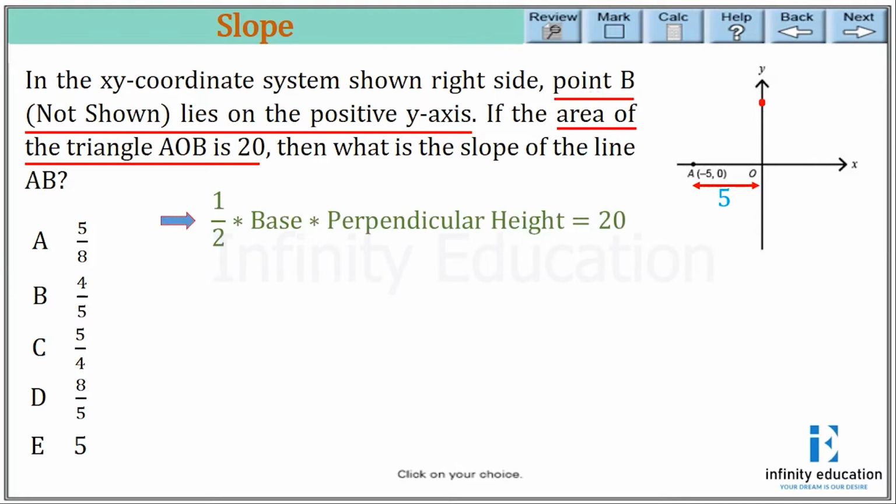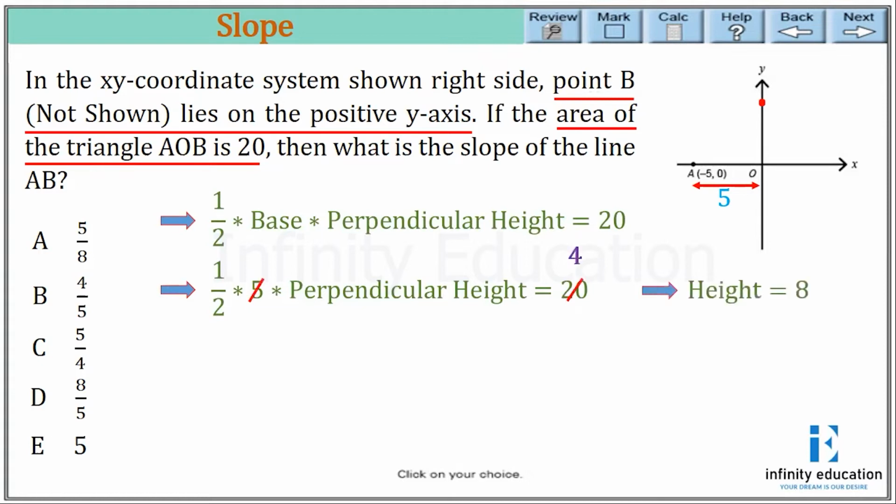So we can rewrite the equation as half into 5 into perpendicular height equals 20. If we do the simplification, we get the height as 8. So if the height is 8, the coordinate for the point B should be 0, 8.